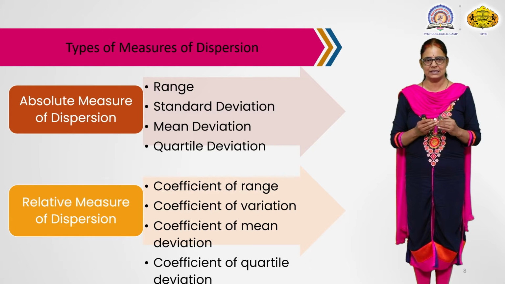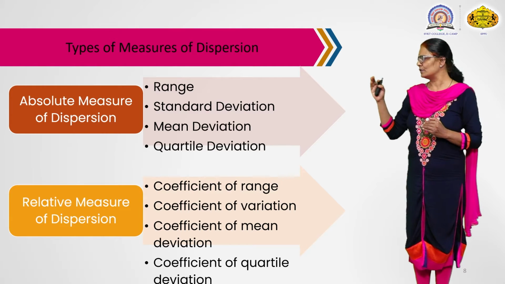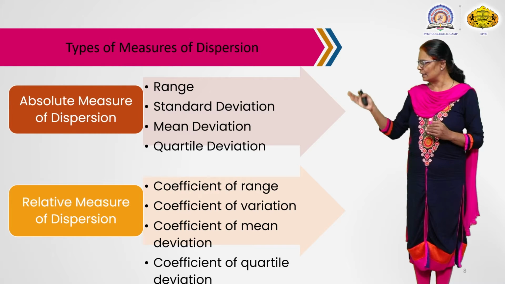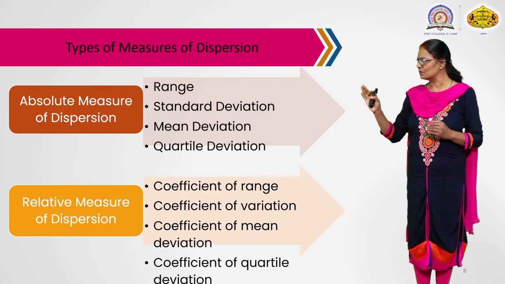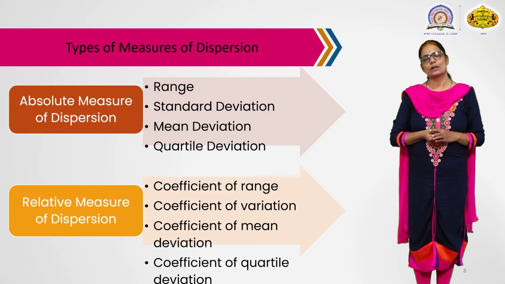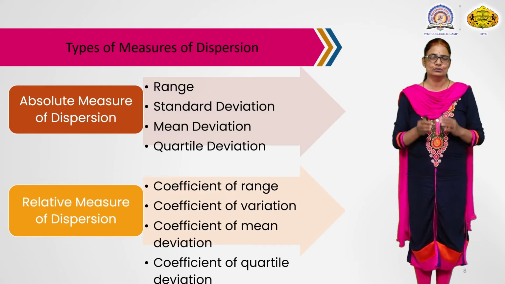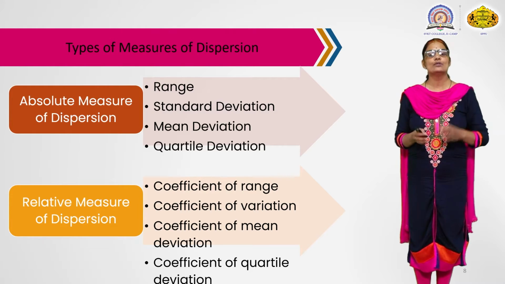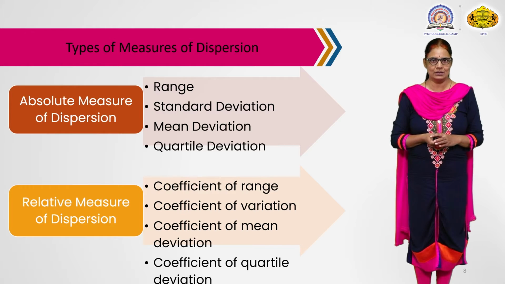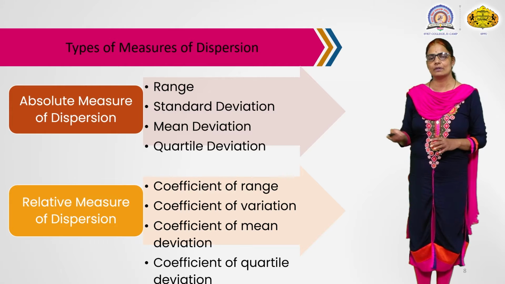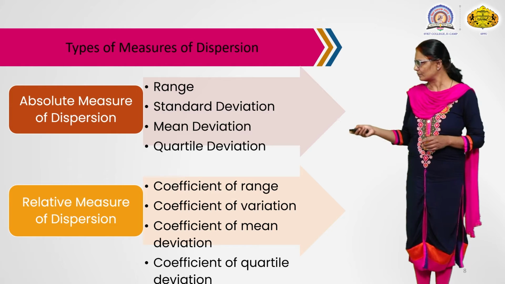The absolute measure of dispersion has a unit and the relative measure of dispersion has no unit, it is unitless. So for comparison of two different types of data having different units, we can use the relative measure of dispersion. In that case, the absolute measure of dispersion is not useful.